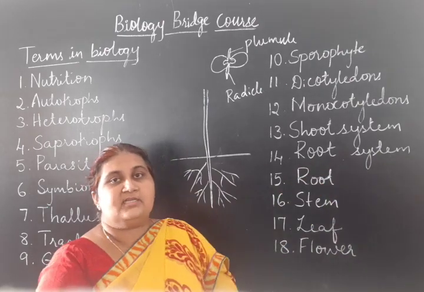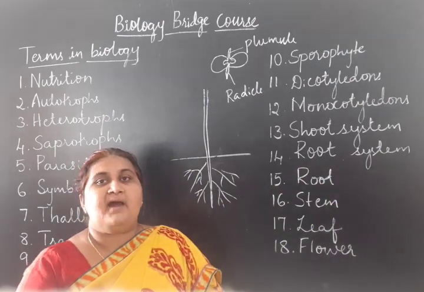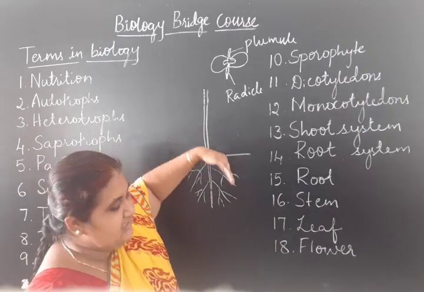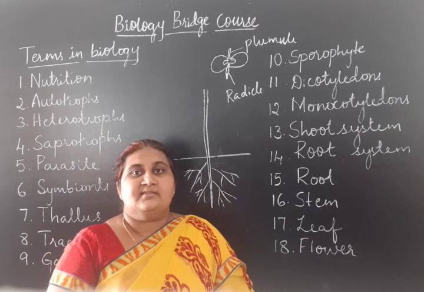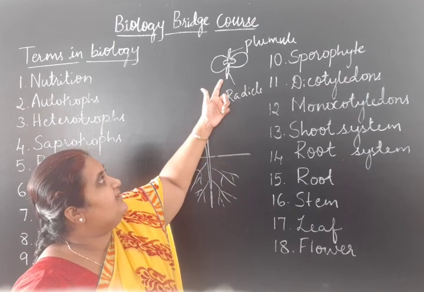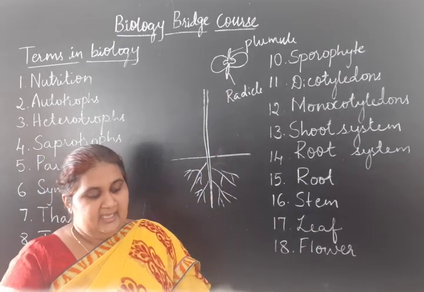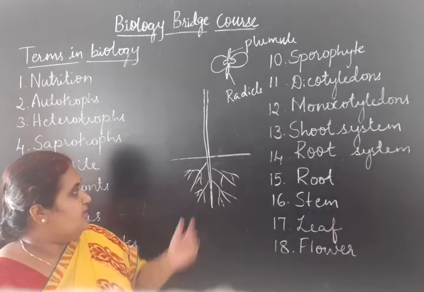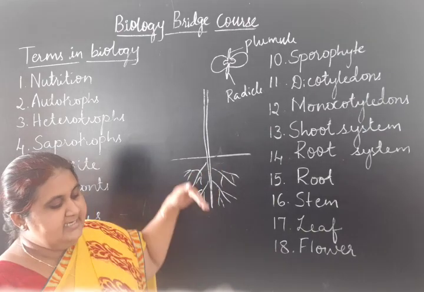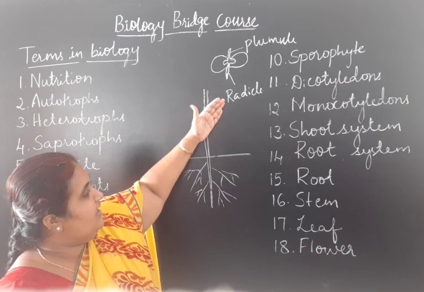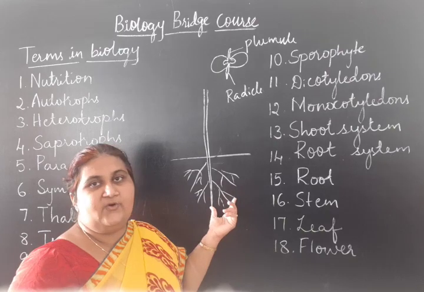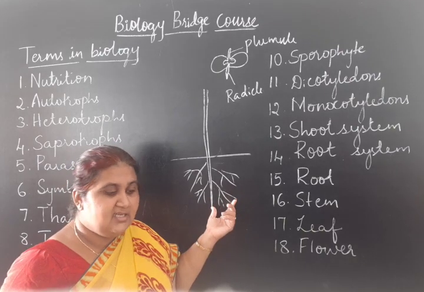Root. What is a root? Root is the part of the plant body that develops from the radicle part of the embryo and grows downwards into the soil. What are its functions?